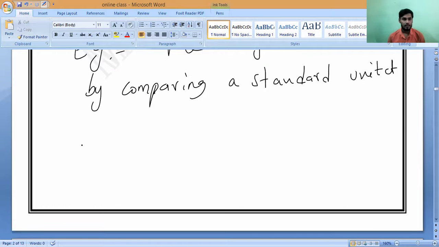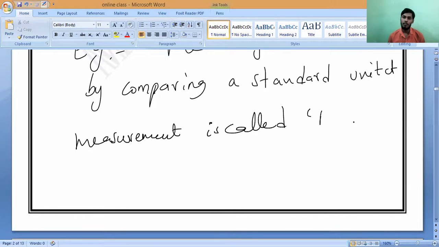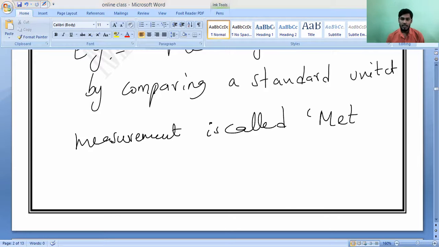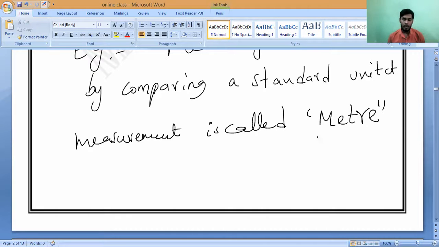Correct or not? Yes, sir. Called meter. What is the spelling of meter? M-E-T-R or M-E-T-R-E? M-E-T-R-E. Always you should remember: M-E-T-R-E.